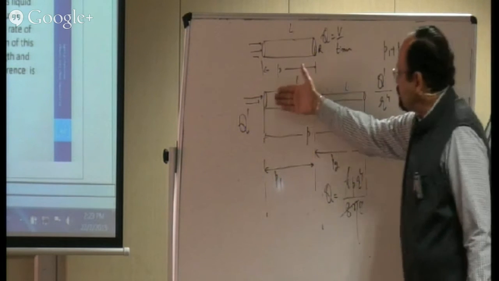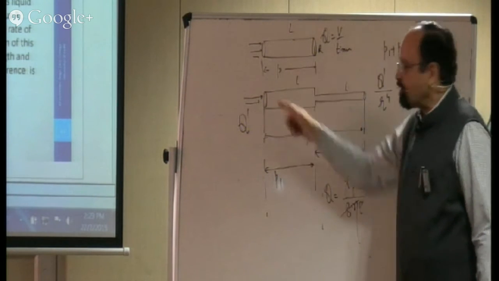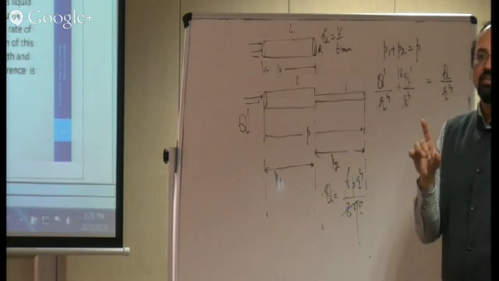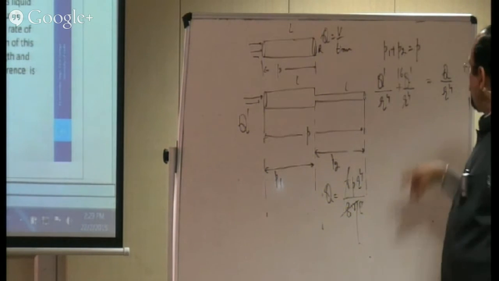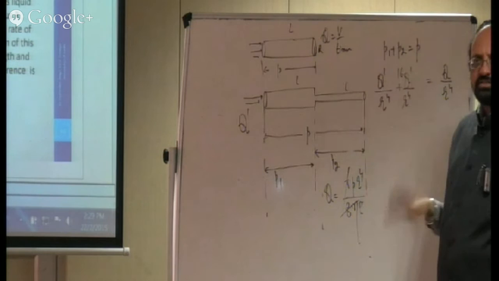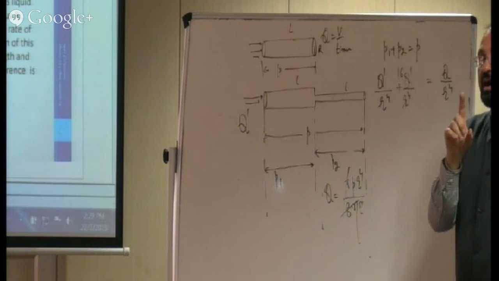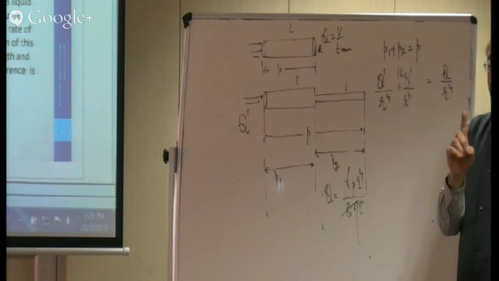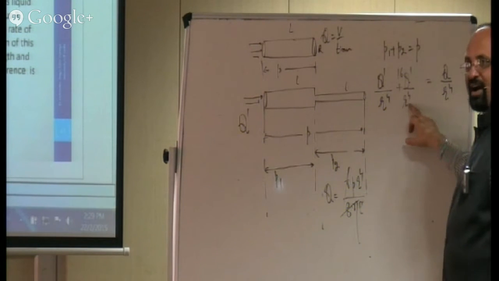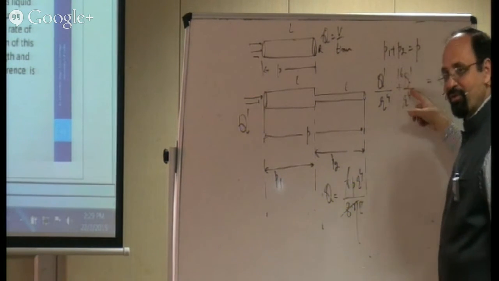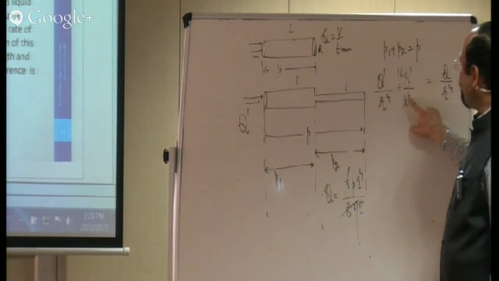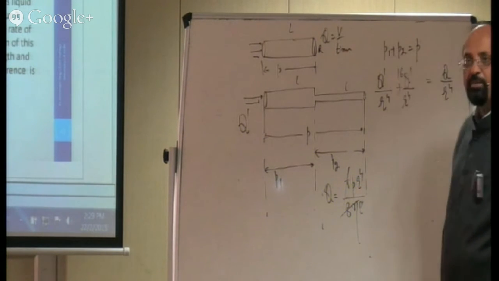It is through this as well as this, because in series combination, the rate of flow is always same. Q by R4 in the first case, the same radius. But in the second case, the radius is half R. So when it is half R, R by 2 whole to the power 4 will make it R4 divided by 16, and that 16 will come in the numerator.